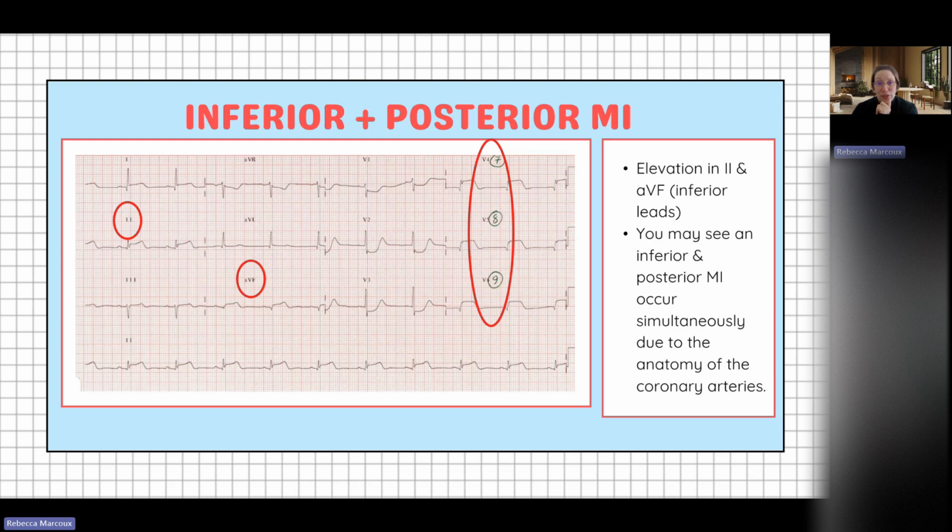And you can see they also have major ST depression in V1, V2, V3. So all this prompted them to do posterior leads. And you can see there is significant ST elevation in all the posterior leads. Again, with inferior infarcts, we will often see the posterior infarct or the right ventricular infarct.